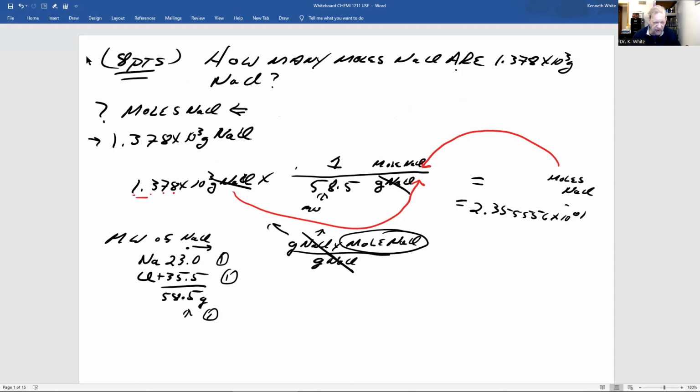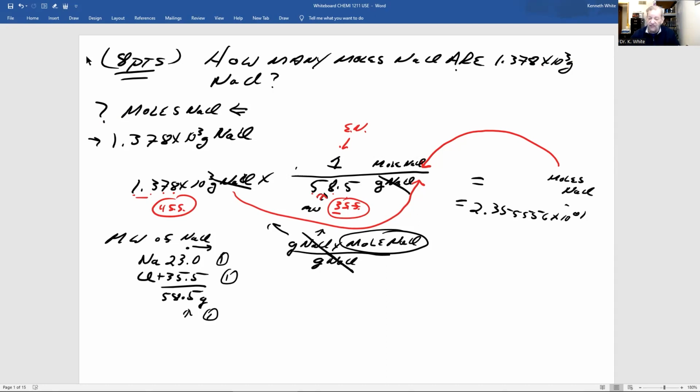All non-zero numbers are significant. How many in this number? 1, 2, 3. The 1 is part of the definition, so that's an exact number not involved in the determination of significant figures. So which is lower, 3 or 4? And time's up. Hopefully I'll pick 3.